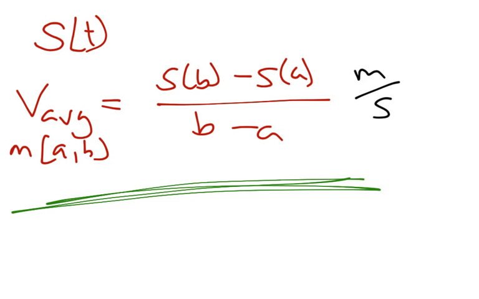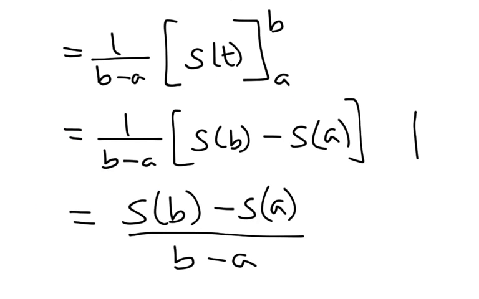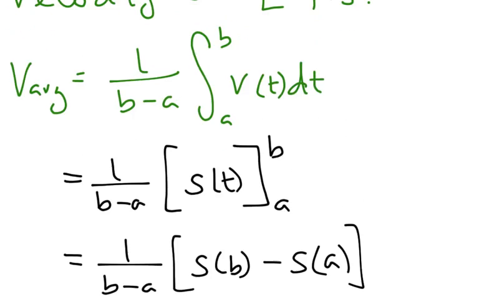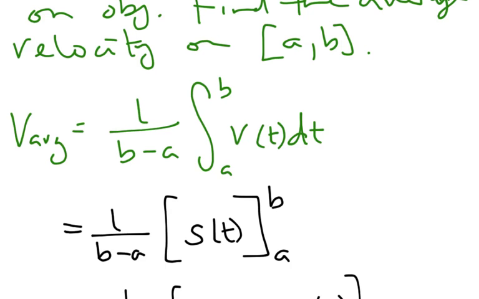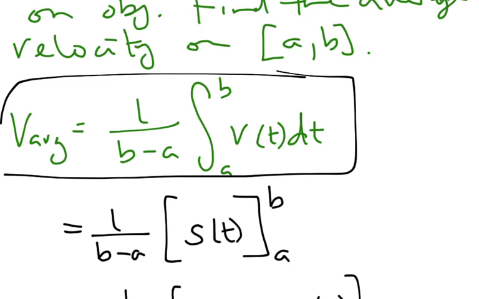If I want the average velocity, it's either the average rate of change of the position function, or it's the average value integral given by our average value function.